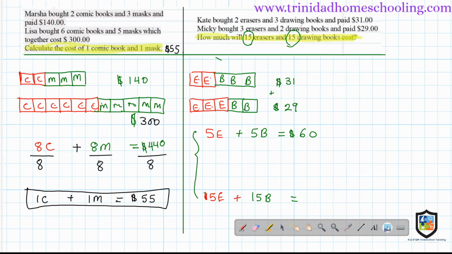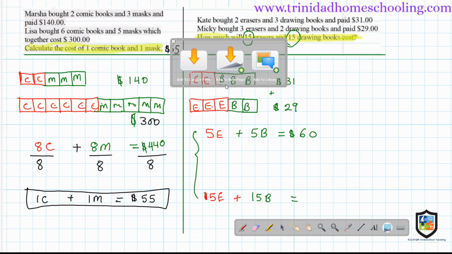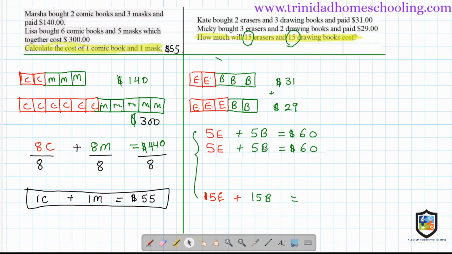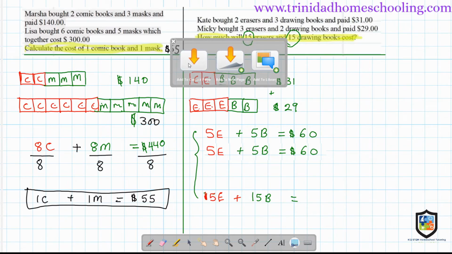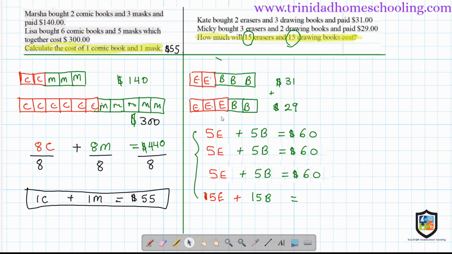If I take one set of this, right, and another set of it, that will give me 1, 2, 3. 5 threes are 15, so we need to add up all these or multiply by 3.